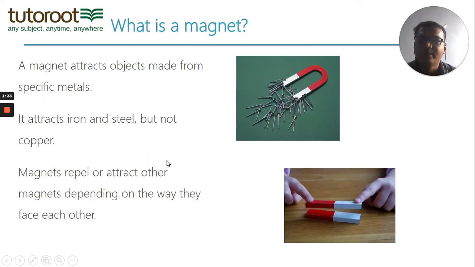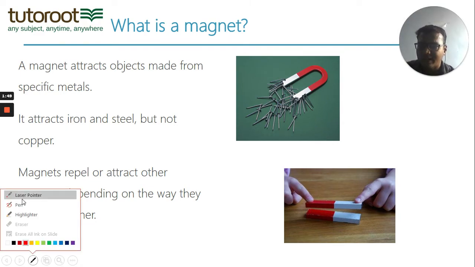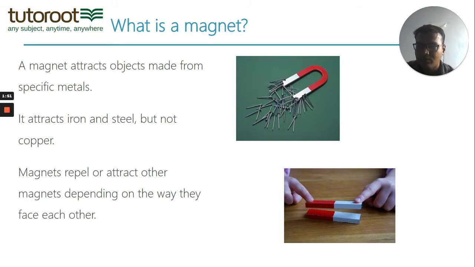So what is a magnet? A magnet, we obviously know, attracts certain objects made from specific metals. A magnet won't attract anything and everything under the sun. It won't attract an orange, an apple or a mobile phone. It attracts specific things like your iron and steel.